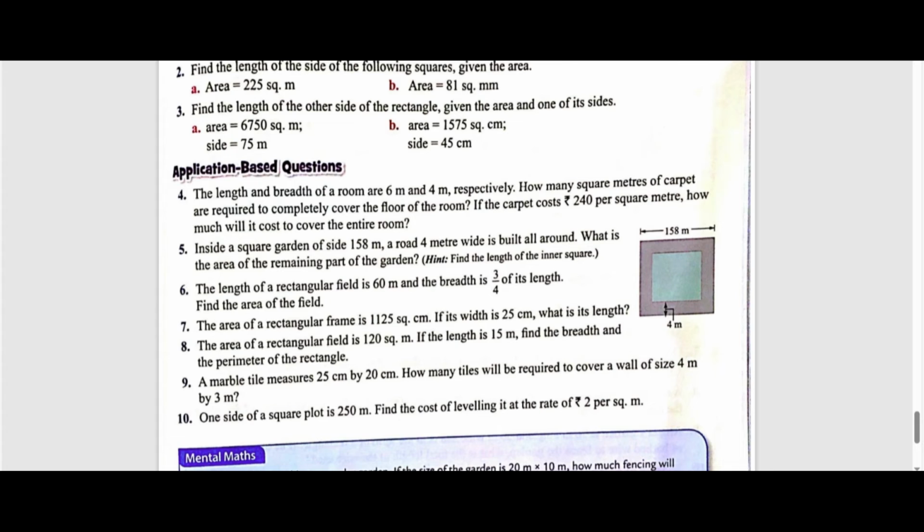For example, if our rectangle is made up of tiny squares, it means that our room is made up of tiny squares. If one square costs 250, there will be a lot of squares. So if you find the area, you have to multiply that area with the cost per square, then you will have the total cost of the whole room carpet.